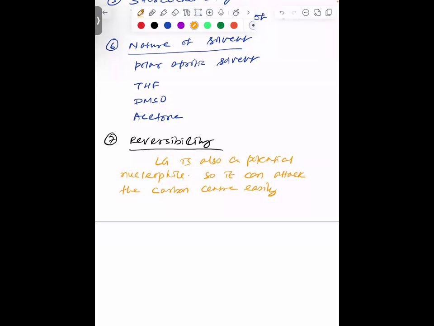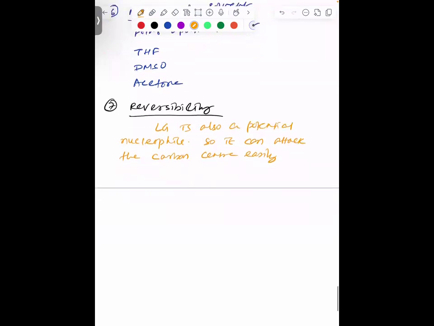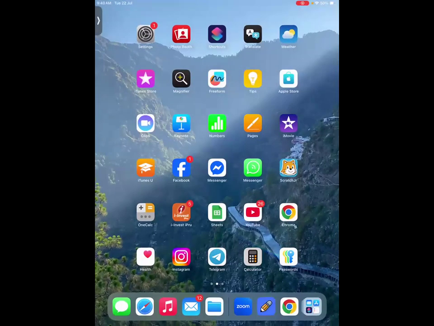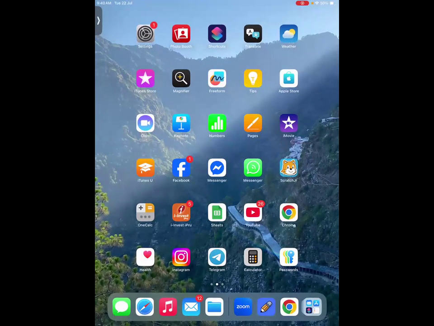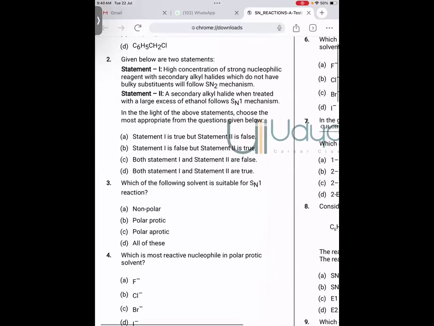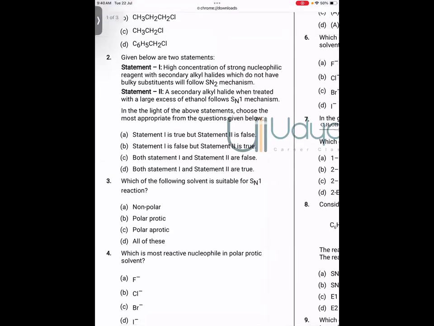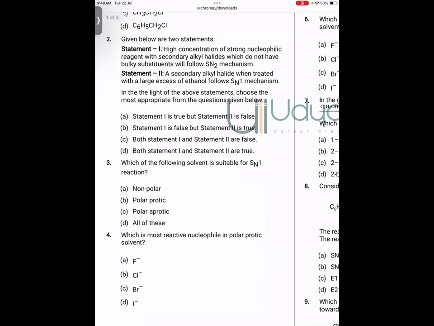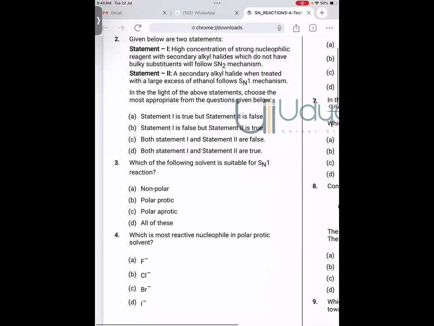Okay, students, this is all about the SN2 reaction. After this we will discuss questions on SN1 and SN2. Can you try some questions? Right, question number 2, 3, 4. I think the screen is visible.